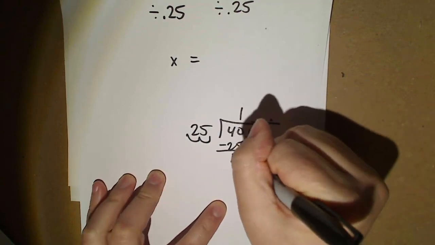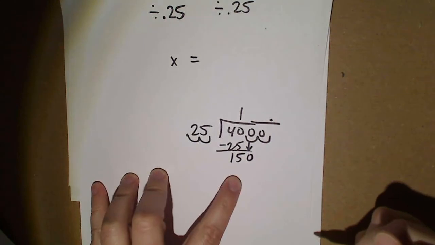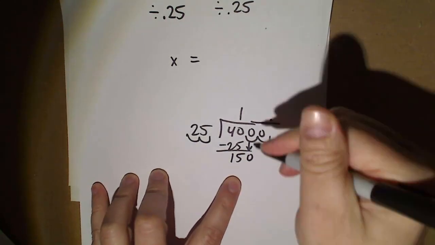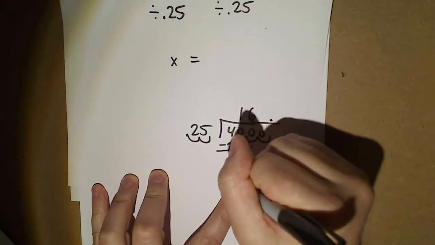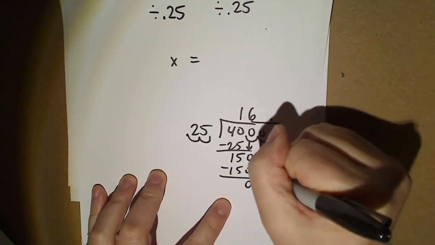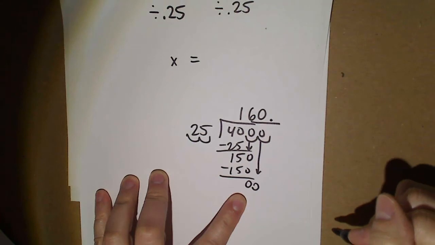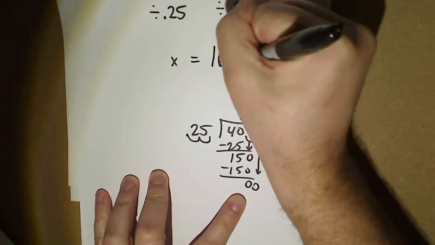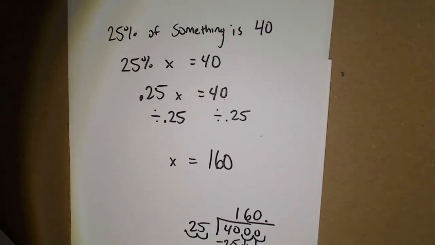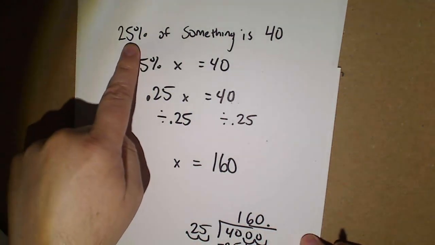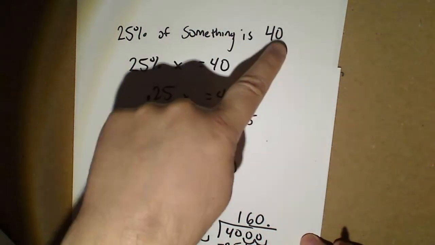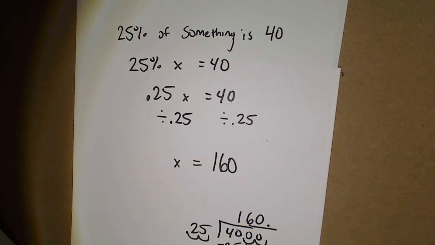I end up with 15. Bring down my 0. 25 goes into 150. That would be 6 times. That's 150. I'll subtract and get 0. Bring down my 0. 25 goes into 0 0 times. So it turns out my answer here is 160. So 25% of 160 is 40. And we figured that out mathematically by doing some algebra and a little bit of division work.